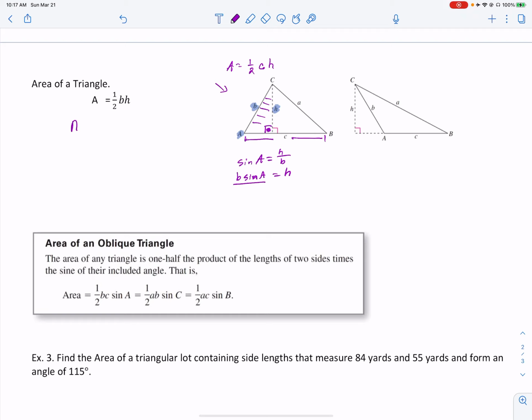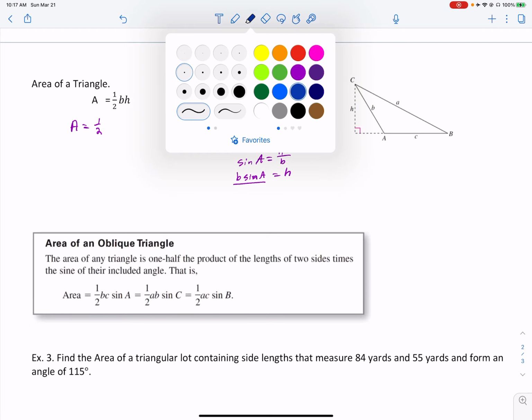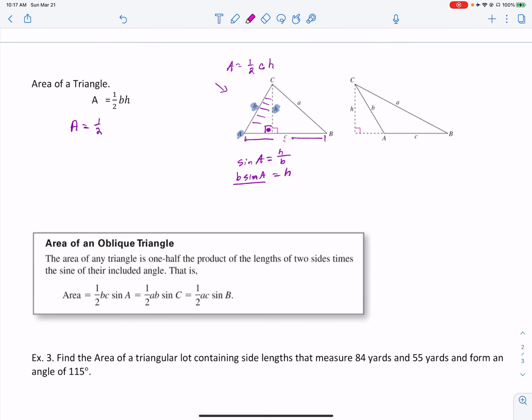So in the old area formula, we take 1/2, and the base of this triangle right now is C. I'm finding the area of this whole triangle, so in for base, I'm going to put C. But in for height, we're going to use this new expression, B sine of angle A. What that does is it allows me to find the area.